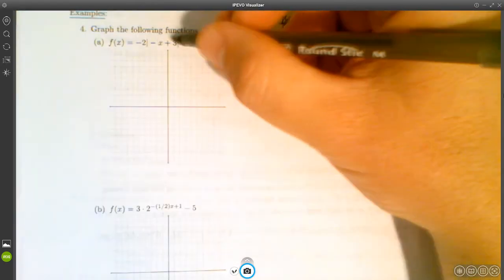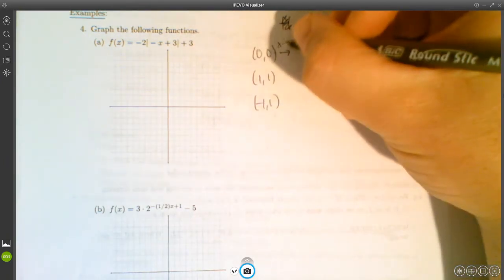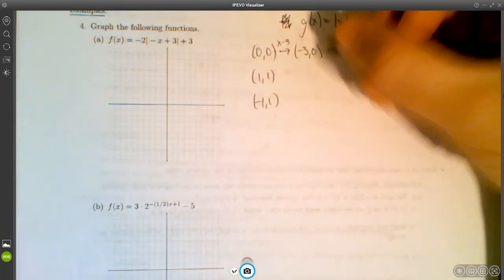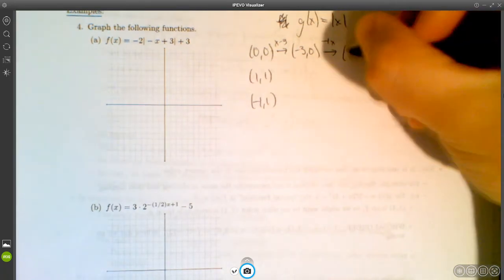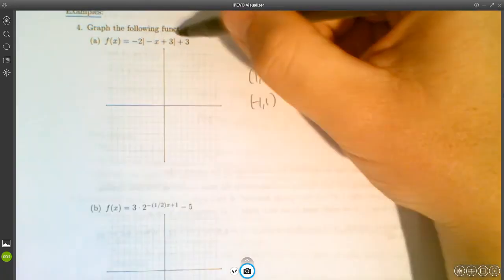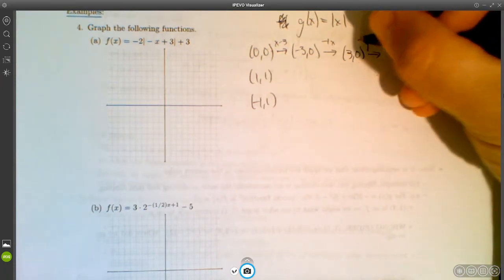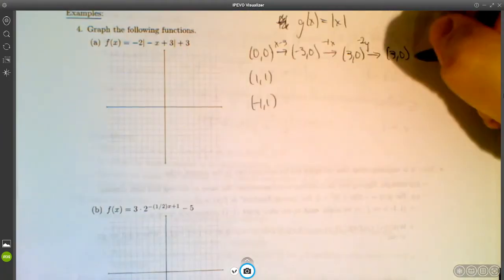So for this function, first I'm going to subtract 3 from the x coordinate, and then I'm going to multiply the x coordinate by, or divide, I guess, by -1. And then for the outer function, I'm going to multiply by -2, -2y, and then I'm going to add 3.